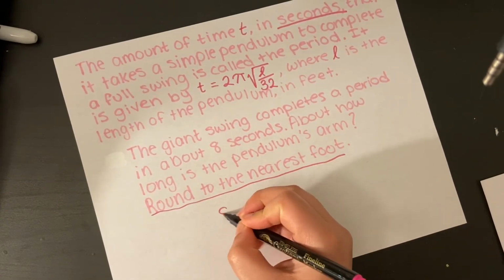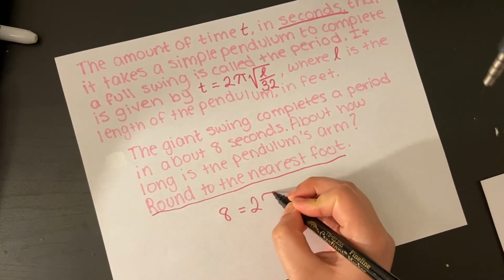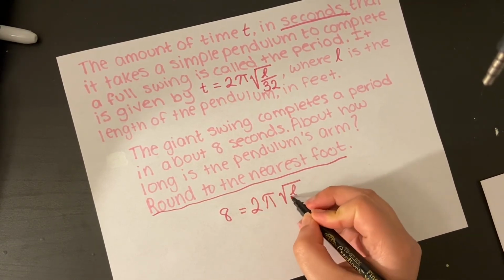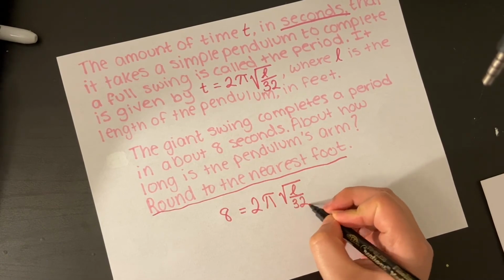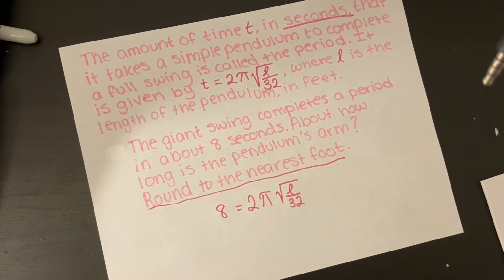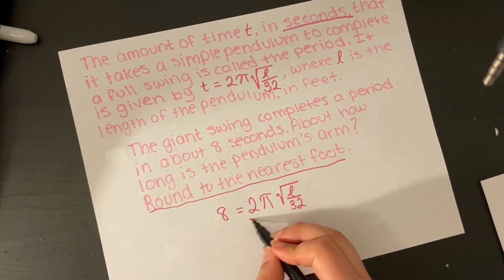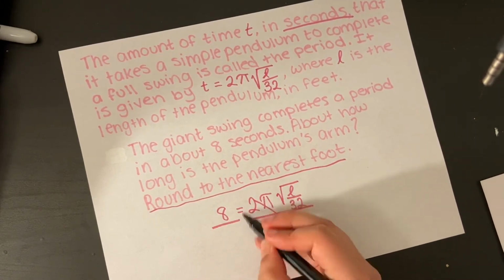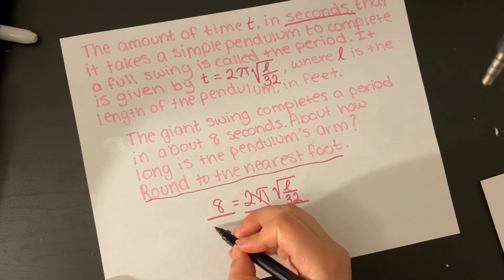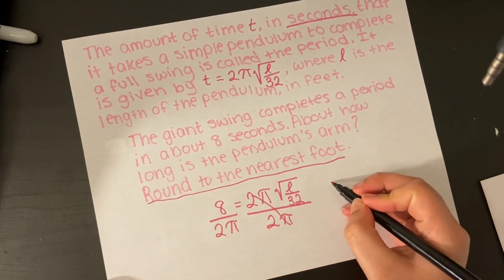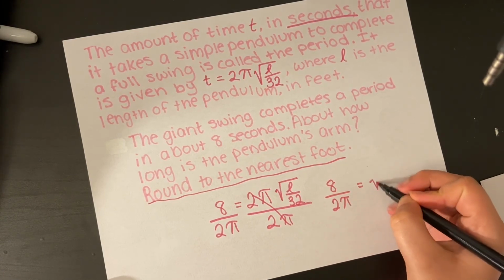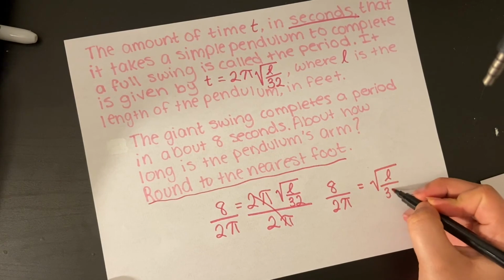So 8 is equal to 2 times pi, forgive my messy handwriting, times the square root of L divided by 32. Now, what we can do is divide each side by 2 pi so that we can get rid of this and make it easier to solve. So 8 divided by 2 pi is equal to root L divided by 32.